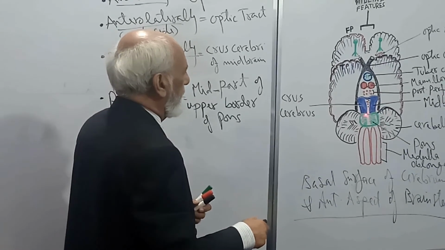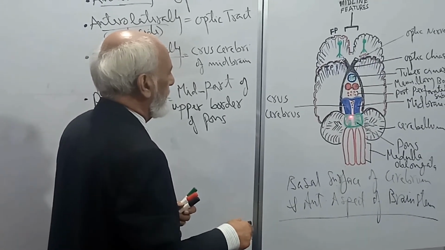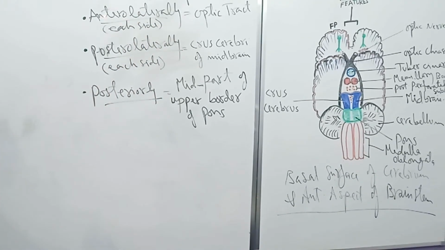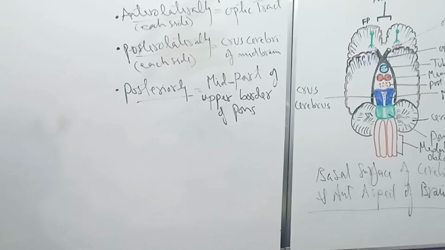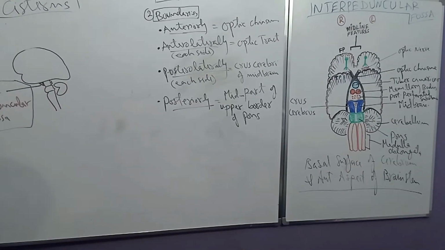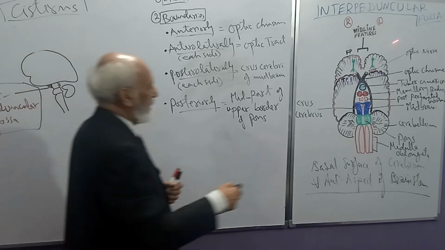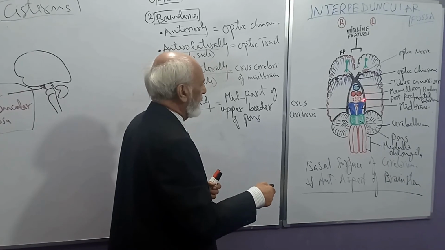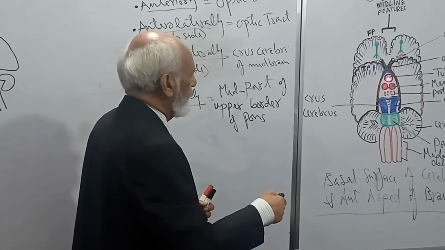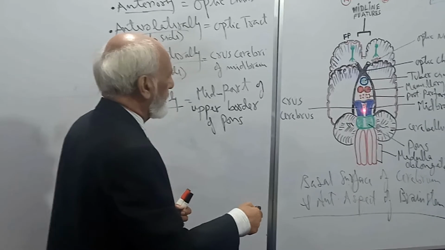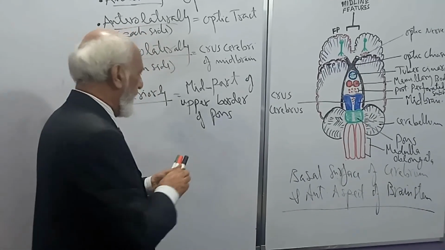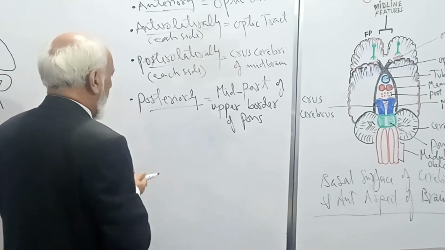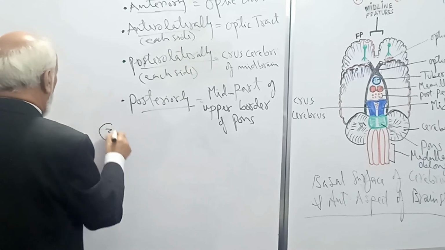And then here posteriorly is the mid part of the upper border of the pons. These were the boundaries of the interpeduncular fossa. Now, can you see, these are the limits or boundaries of the interpeduncular fossa? And what is this? The floor of the interpeduncular fossa. Now, our next topic is: what are the structures found in the floor of the interpeduncular fossa?